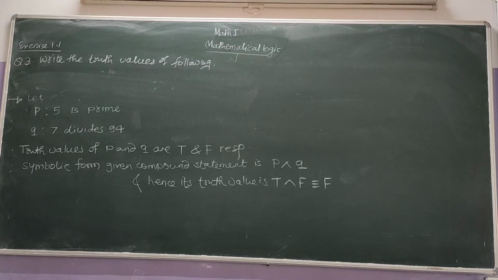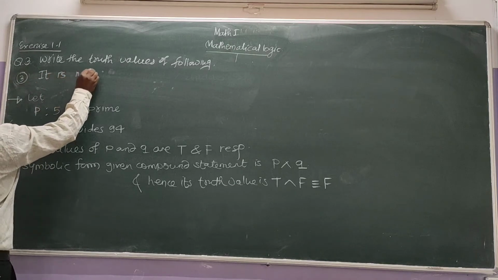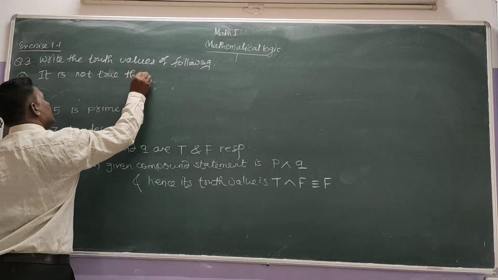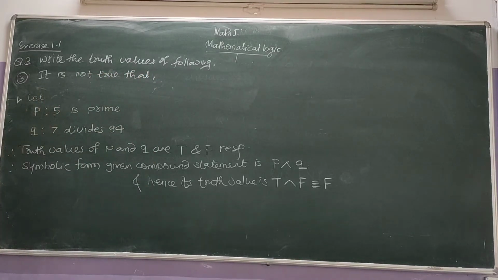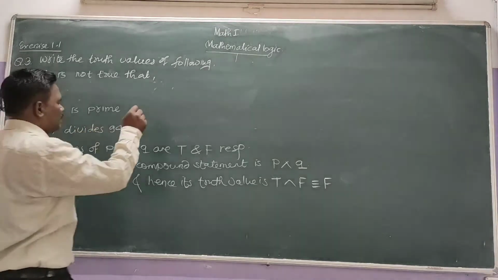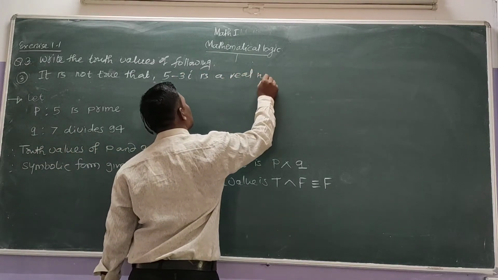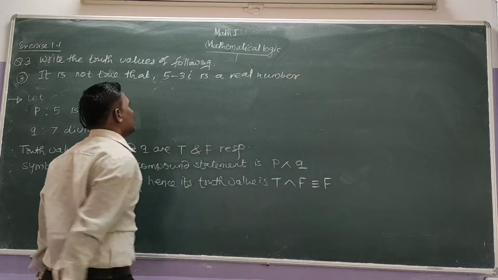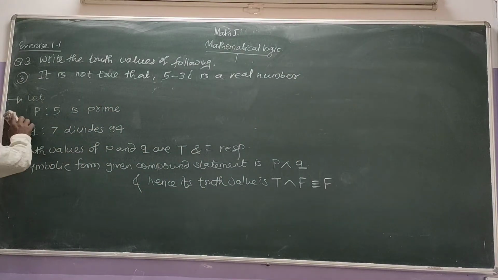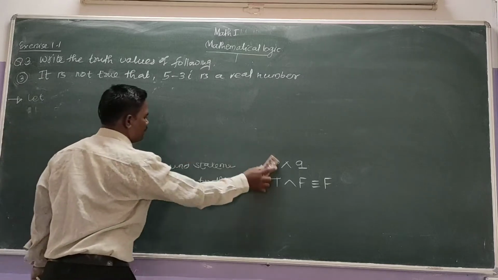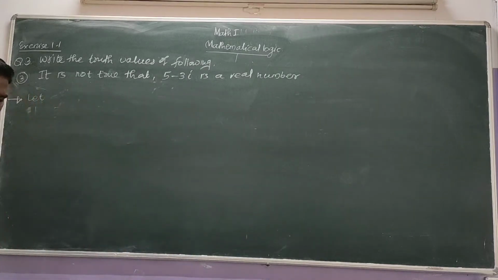Next example. Third example: It is not true that 5 minus 3i is a real number.